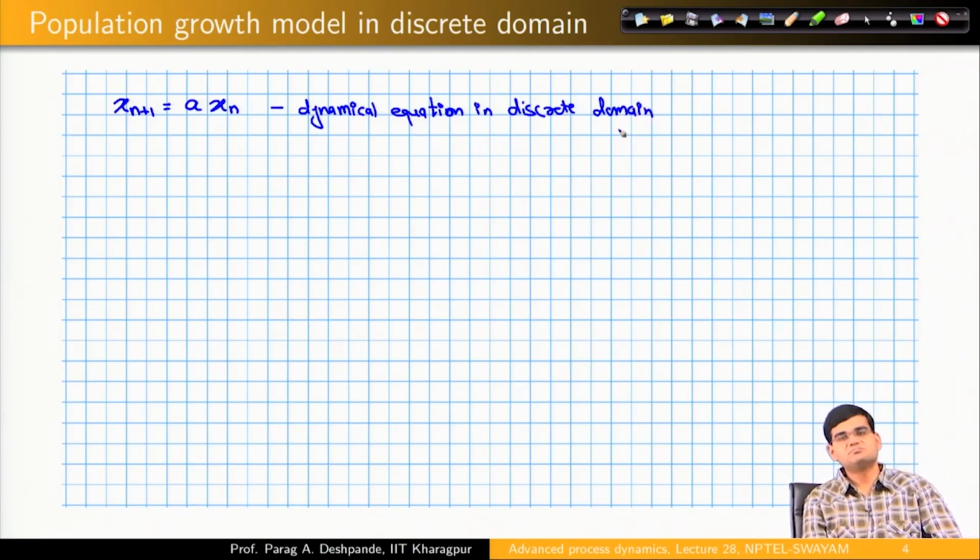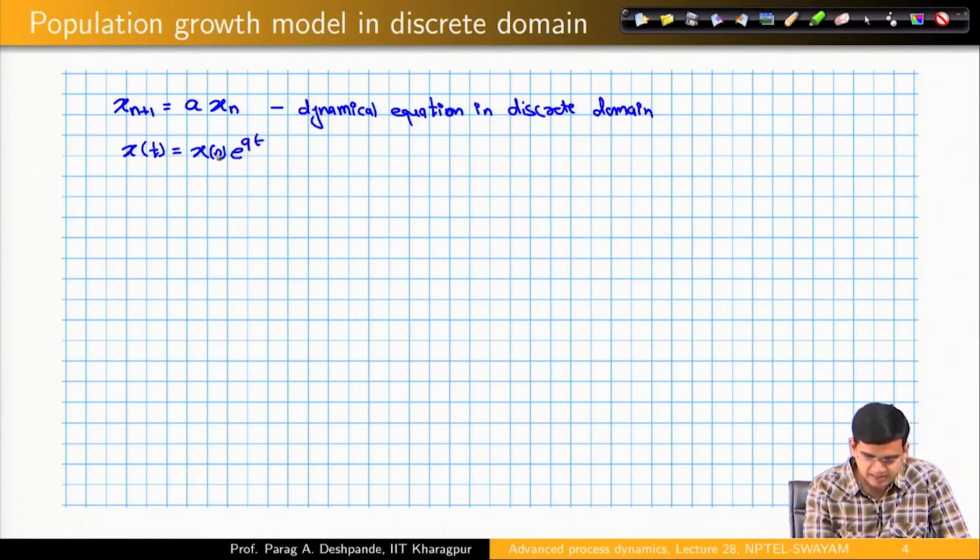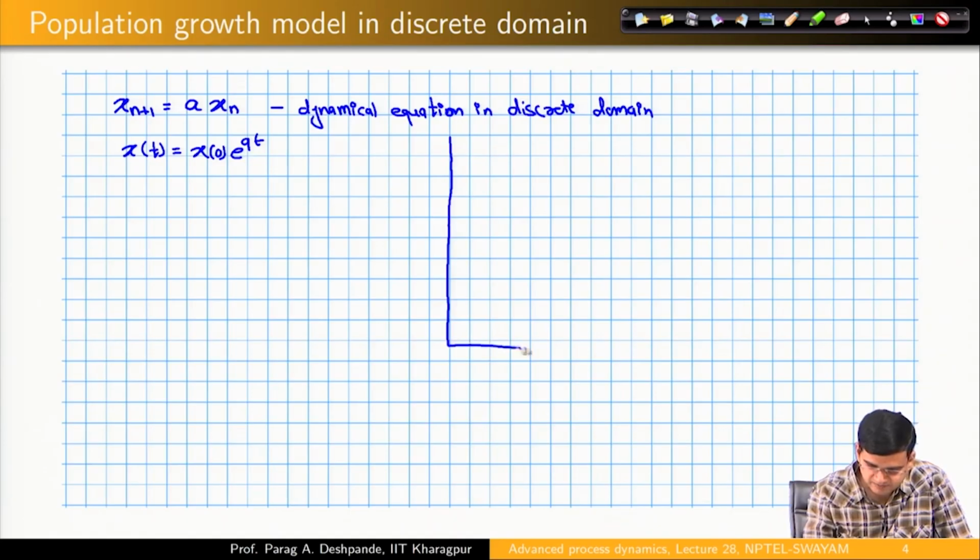And what was my solution for the dynamical equation in continuous domain? x of t is equal to x 0 e to the power a t, and my plot for this equation was this: x versus t.